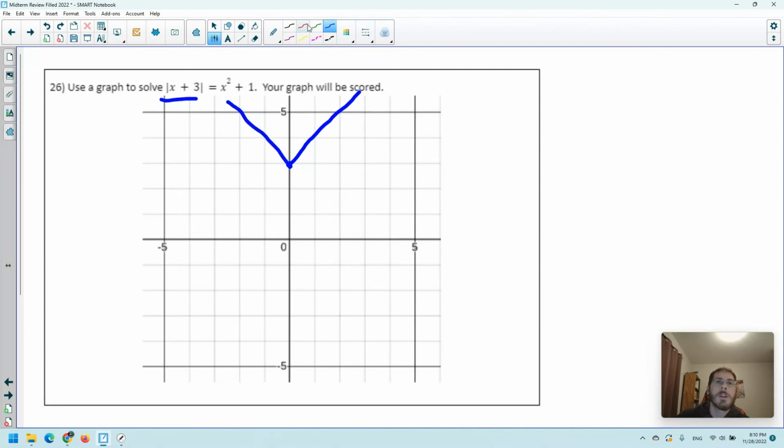All right. Other one I have here is x squared plus 1, so I'm going to go up 1. And then I'm just going to go ahead and plot my parabola. I know I need to go 1 over, and then over 1, 2, 3, over 1, 2, 3. So we're going to go ahead and plot the parabola. And this one's kind of cool because in this case, we also got 2 answers.